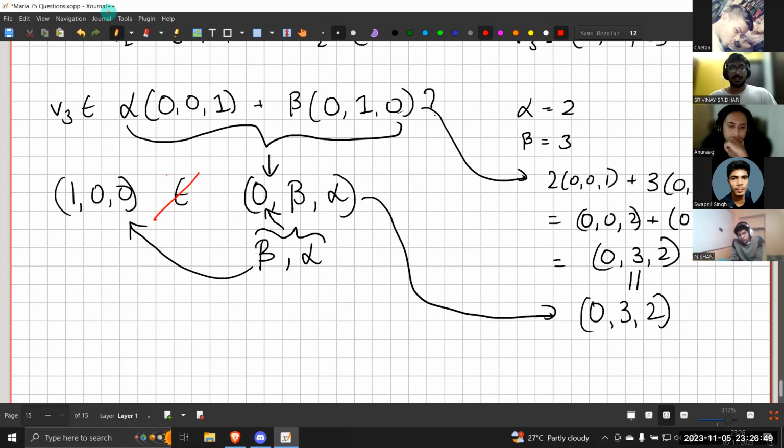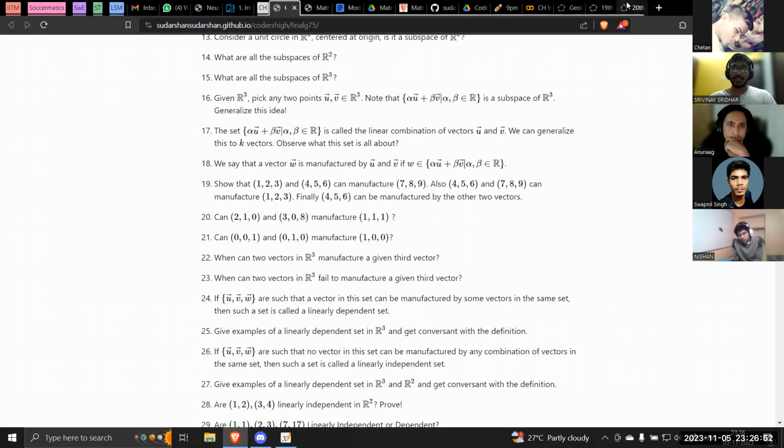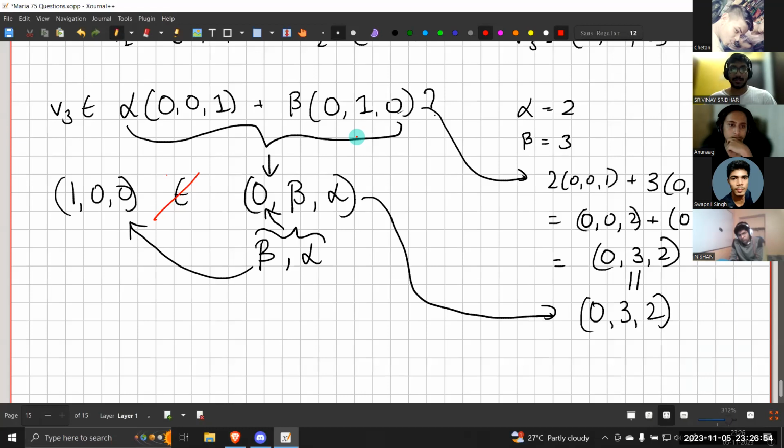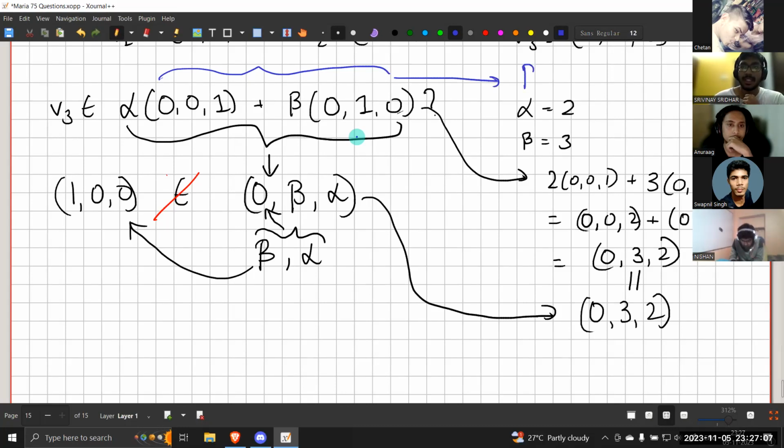And obviously we can do the same thing and visualize it, or even without using GeoGebra. What is this? This is nothing but the plane passing through the y and z coordinates.